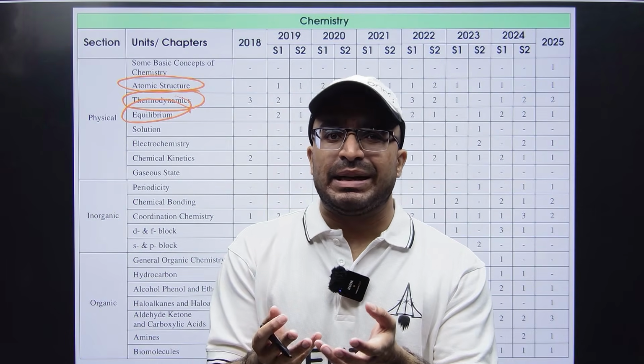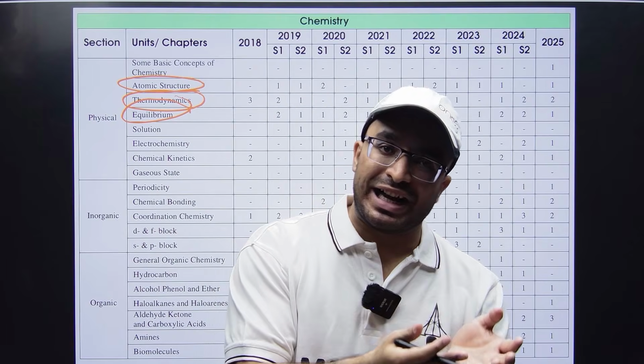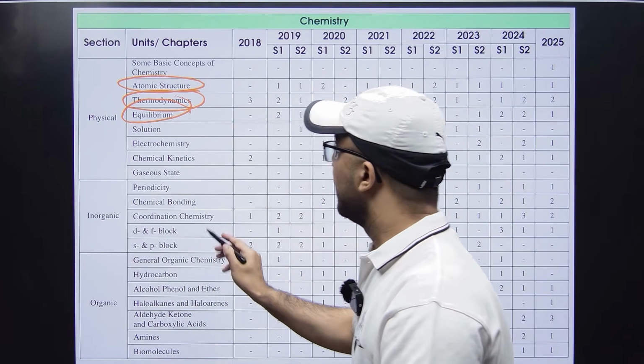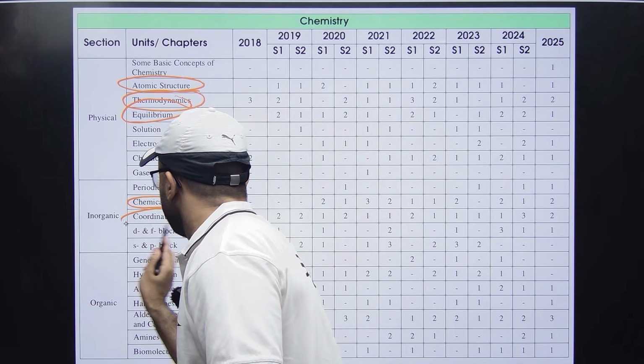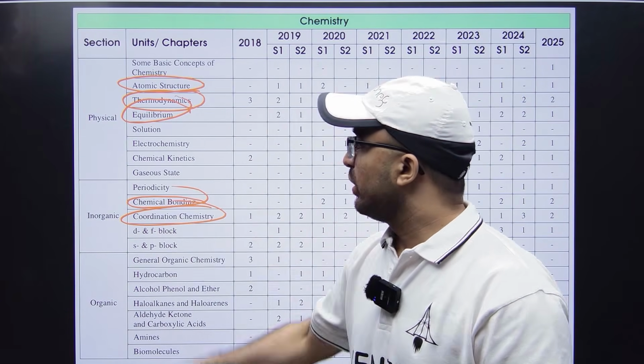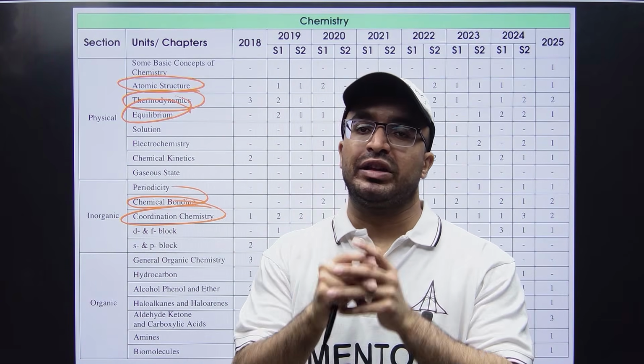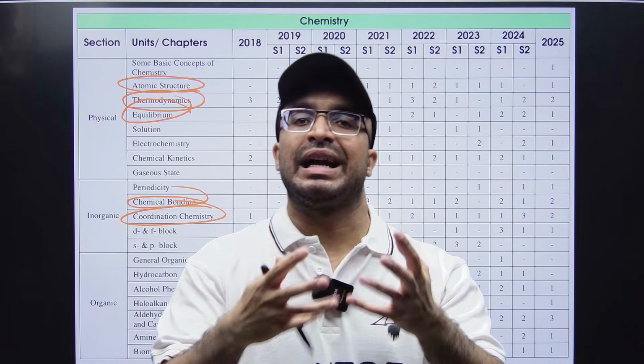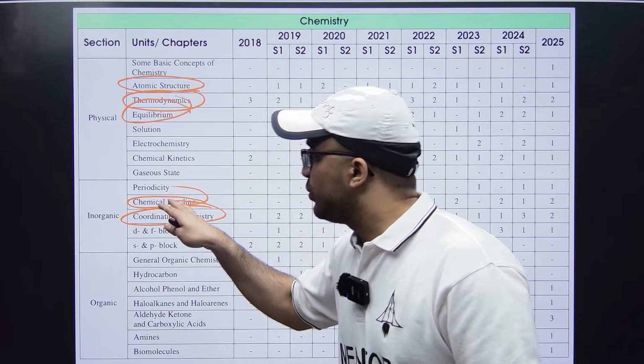In inorganic chemistry, the same trend as IIT holds for NEST. Chemical bonding and coordination chemistry are the most important topics in inorganic chemistry. If you think inorganic chemistry is just about cramming things and you don't want to do it, at least do these 2 chapters.